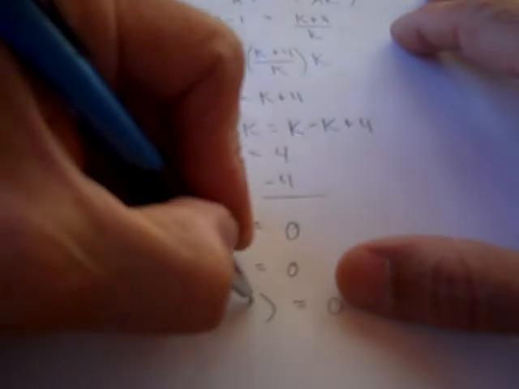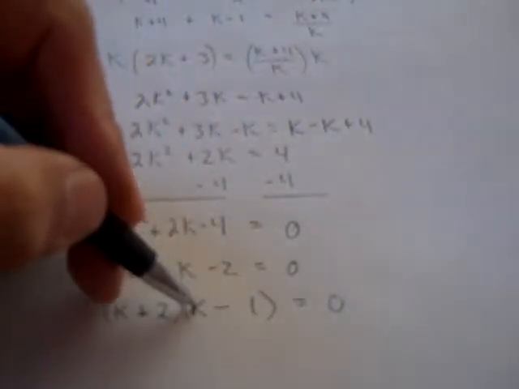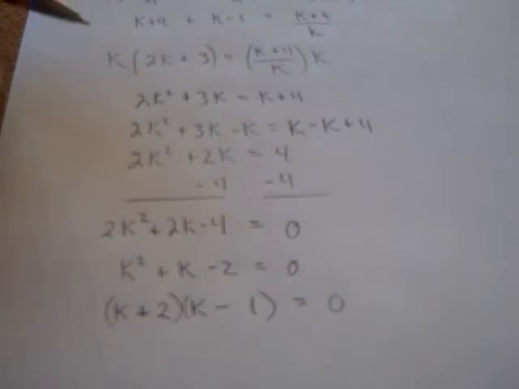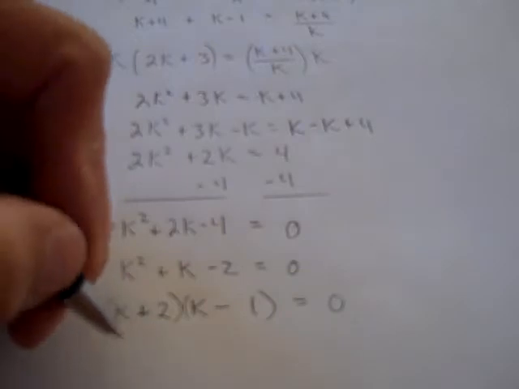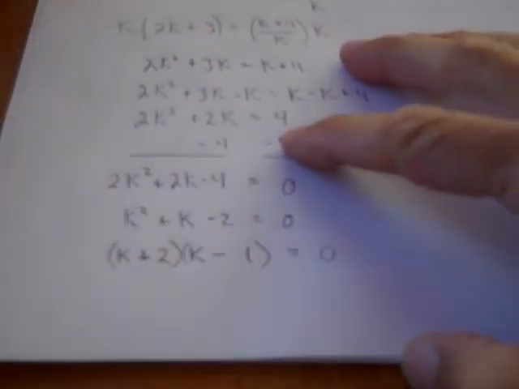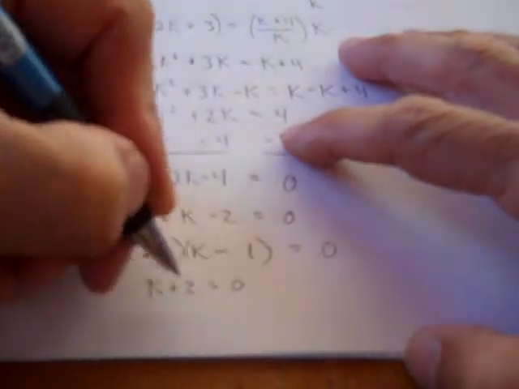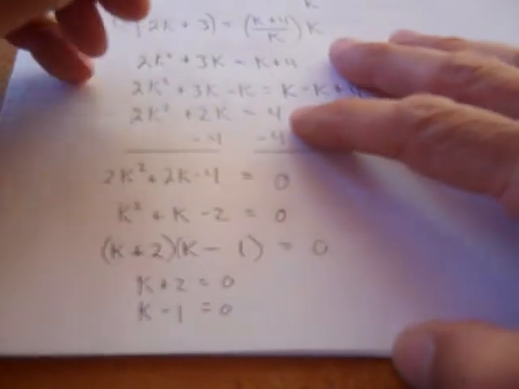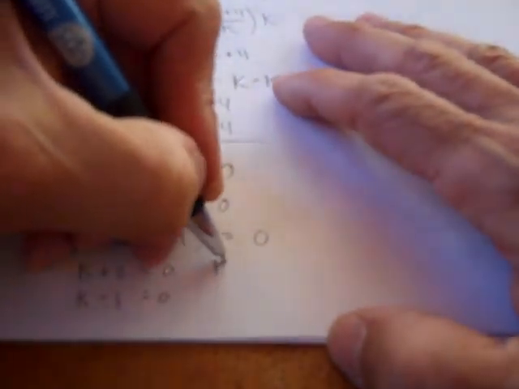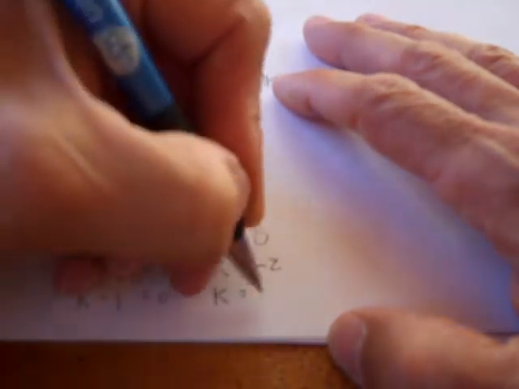So now I have (K plus 2) times (K minus 1), and therefore my results are K plus 2 equal to 0 and K minus 1 equal to 0. Therefore, K is equal to negative 2, or K is equal to 1.